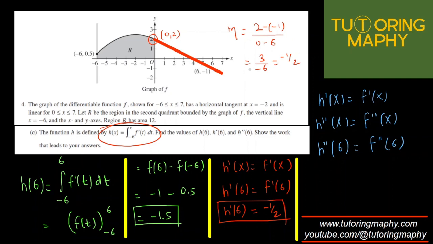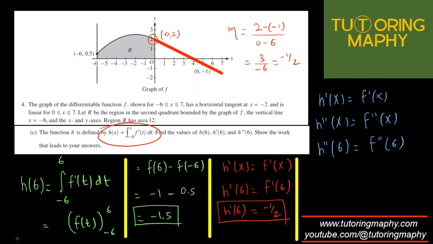But f double prime is the derivative of the derivative. Basically, it defines the concavity, right? But a straight line is neither concave up nor concave down, right? There's no concavity defined for it. That's one way to understand.